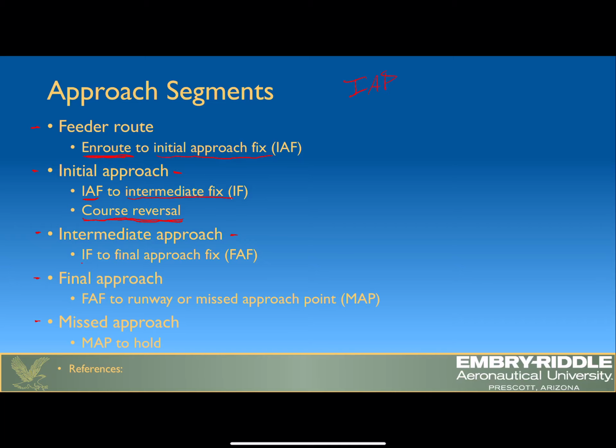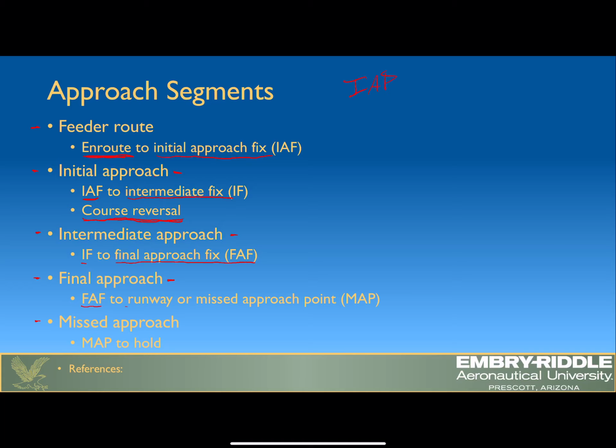This takes you from your intermediate fix to your final approach fix, which then starts you on your final approach. So this takes you from your FAF down to the runway. So this is a final approach. Think of like in a VFR flight when you're on final for the runway, you're lined up with the runway, you're now preparing to land.